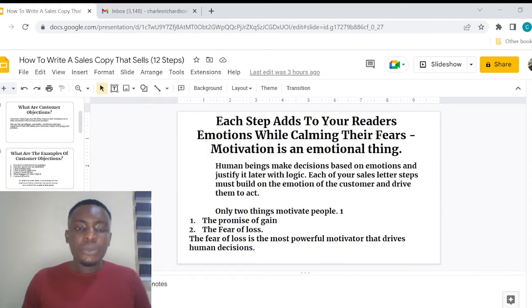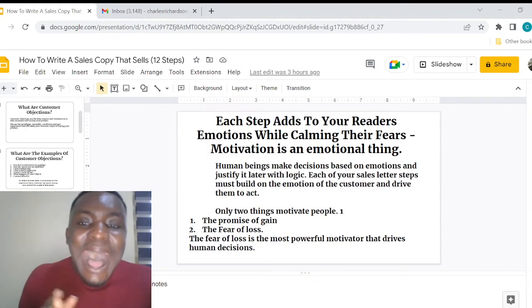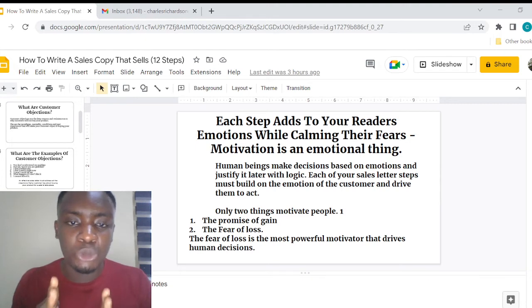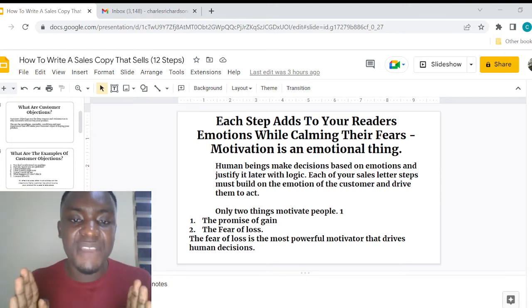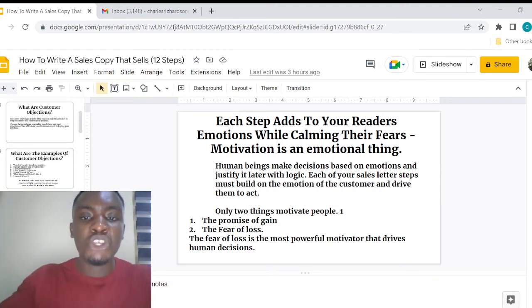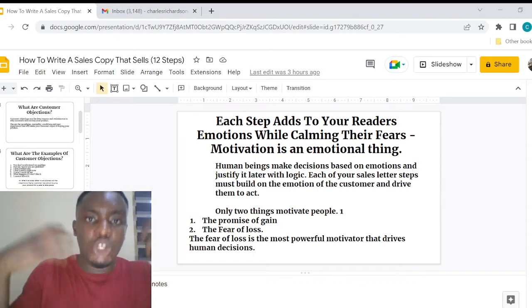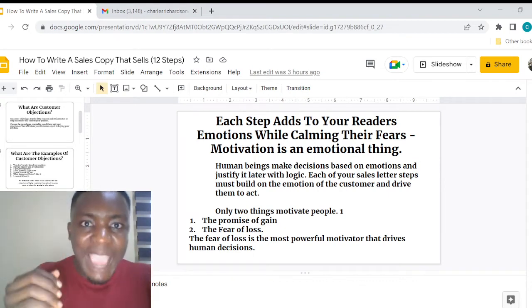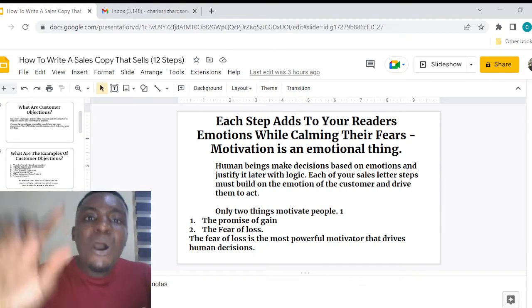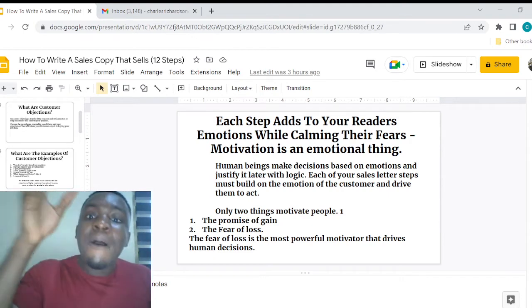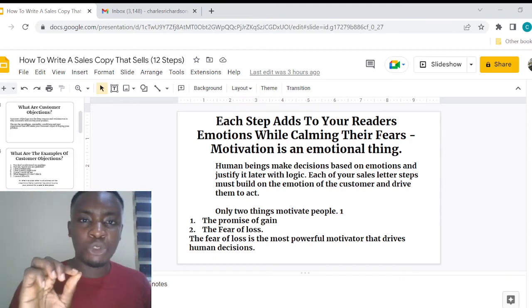Now, each step adds to your readers' emotions while calming their fears. Motivation is an emotional thing. Now, the goal of your sales letter is to motivate your audience to buy from you. Now, these 12 steps add to your readers' emotions.